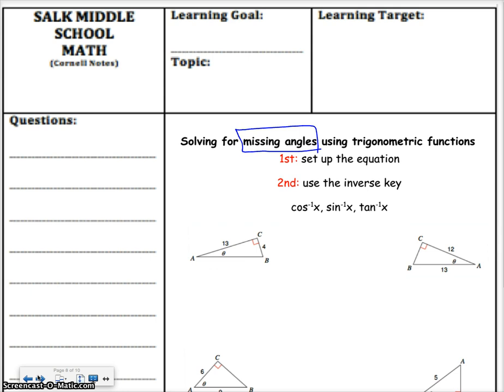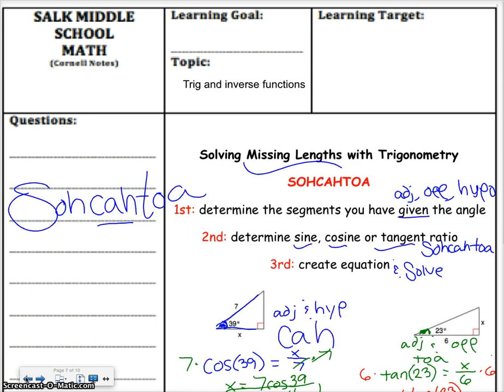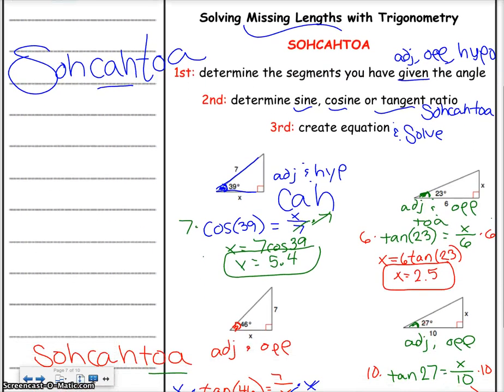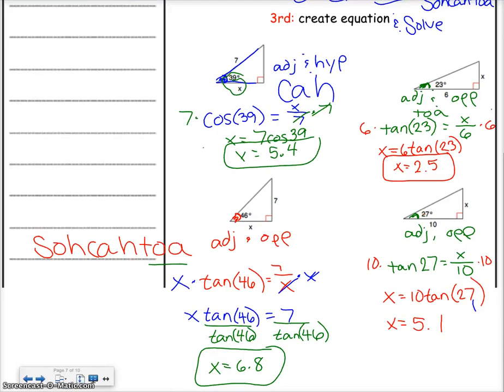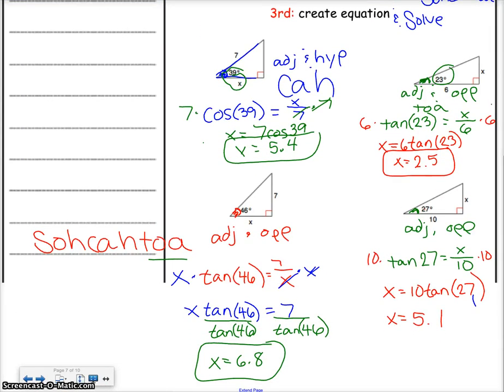I do just want you to notice that in everything that we've done on this first page and what we did yesterday, the angle was always given to us. 39, 23, 46, 27.